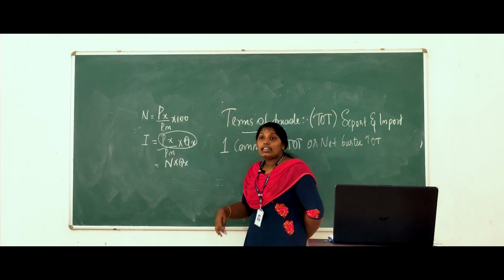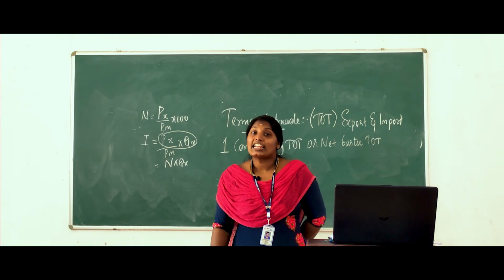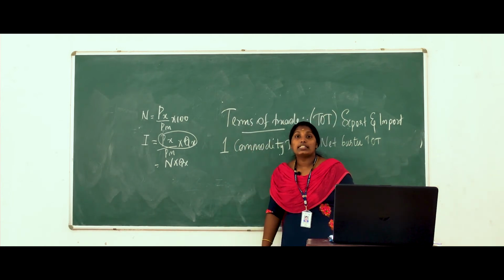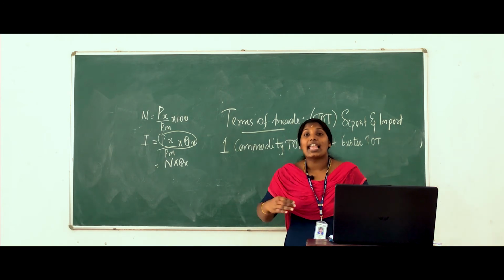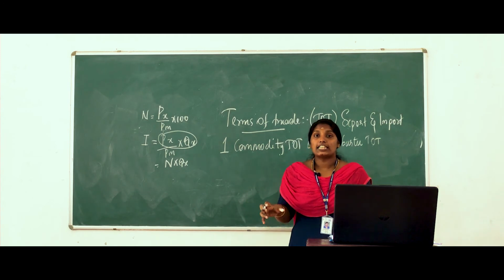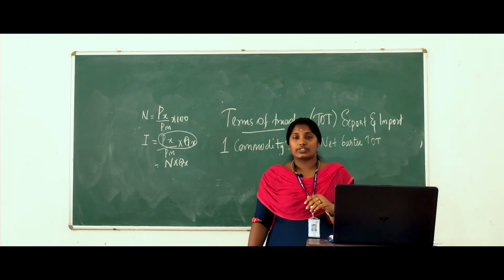Then the next important types of terms of trade, on the basis of productivity: Jacob Viner in 1937 again modified the income terms of trade on the basis of productivity, that is single factorial terms of trade and double factorial terms of trade.